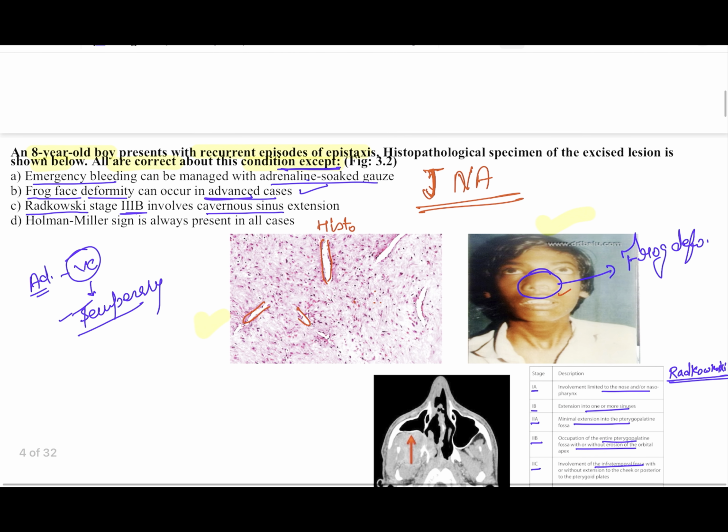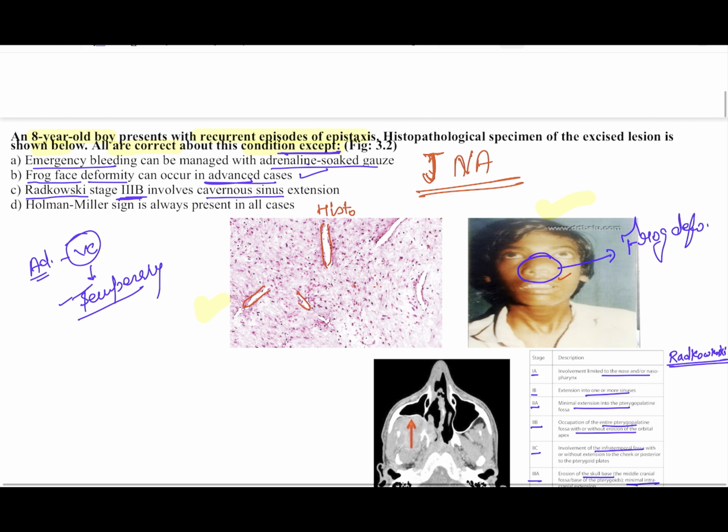So this option is saying that cavernous sinus extension is present in stage 3B. So this is also correct.